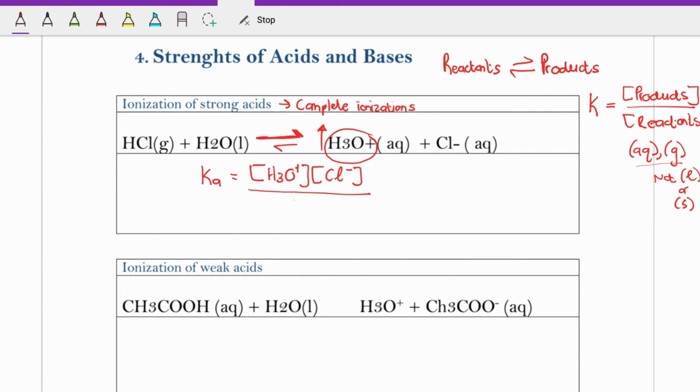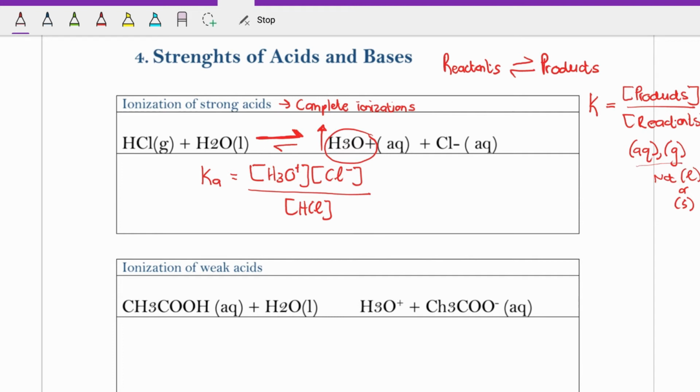Divide that by the concentration of HCl, which is in a gas state. We do not include the water in our Ka expression because water is a liquid. Okay, and that's basically what you need to know for this expression.